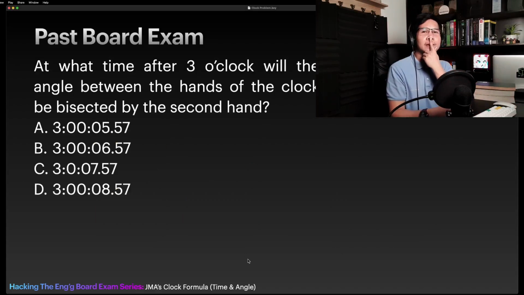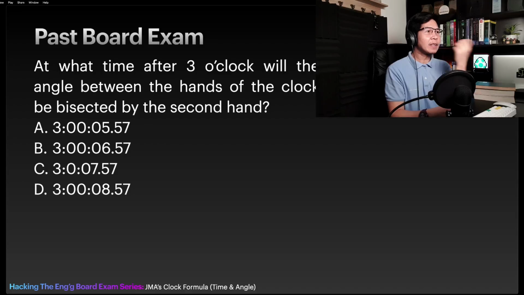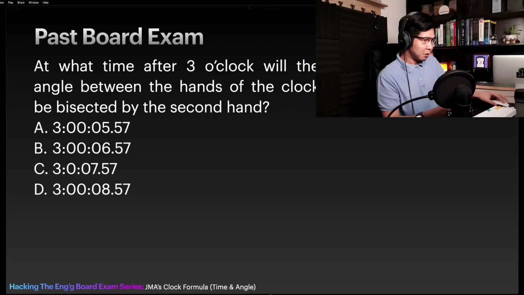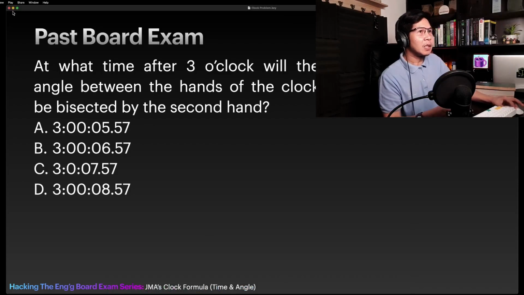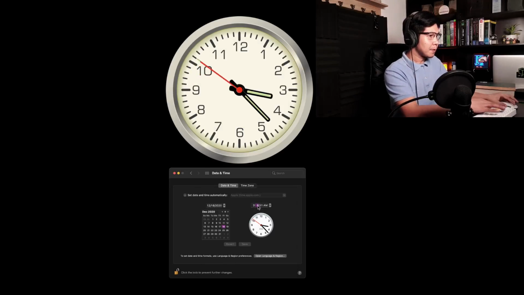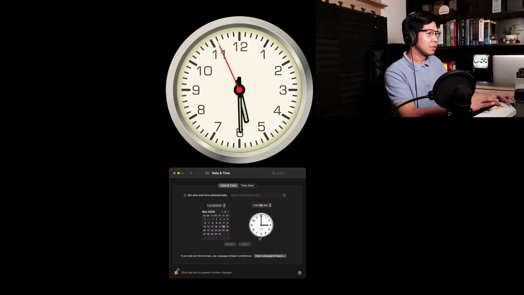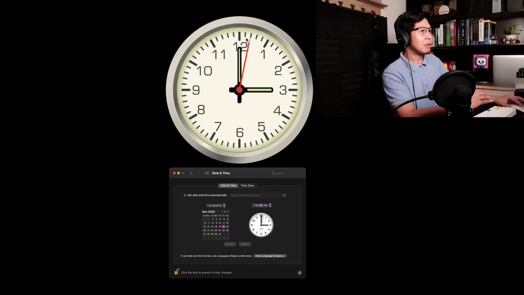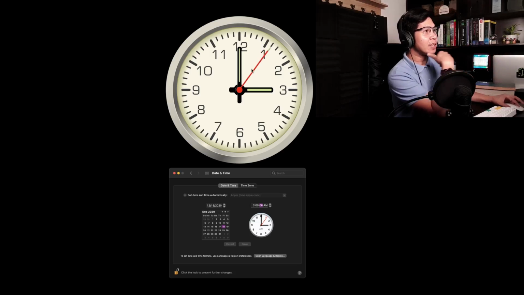Eto pa. There's another problem. At what time after 3 o'clock will the angle between the hands of the clock be bisected by the second hand? So, 3 o'clock, eto yun. Pakita natin at 3 o'clock. Ang tanong dito is what time after 3 o'clock na itong minute hand dito is mapapagitnaan niya yung minute hand and hour hand.